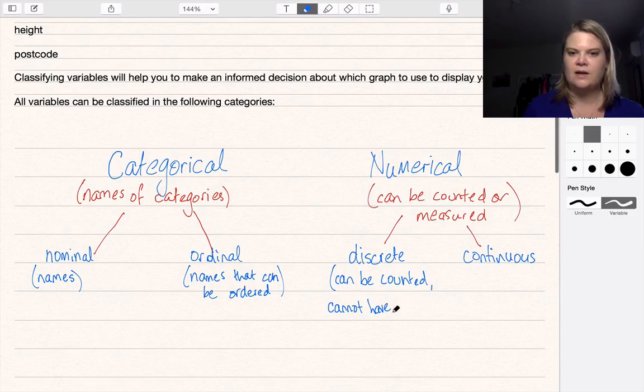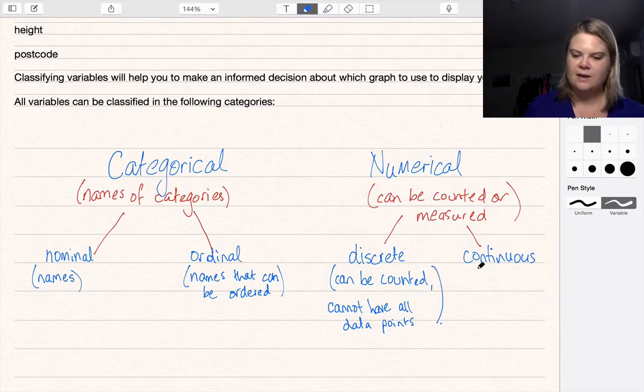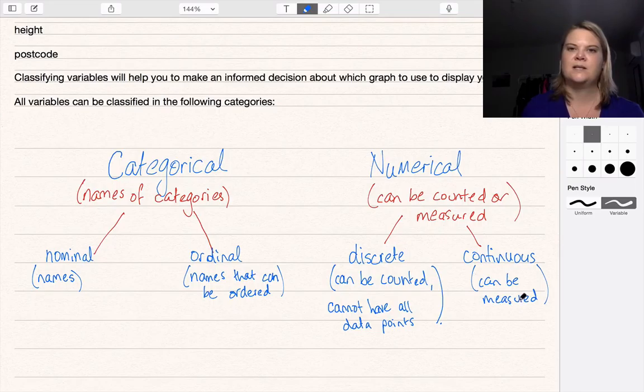For discrete data, you can't have all the data points in between. Continuous data can be measured. So it's usually something like height, weight, distance, temperature, something that you can measure with a device, a ruler, or something that you are measuring to get a precise number.